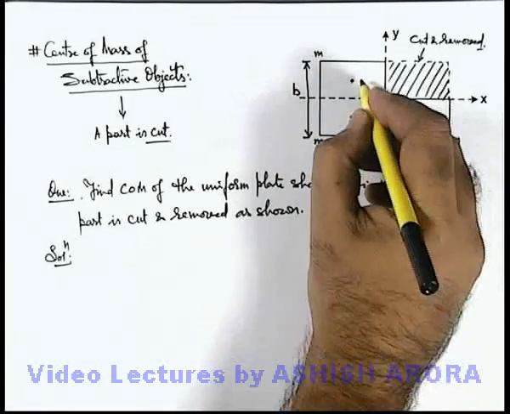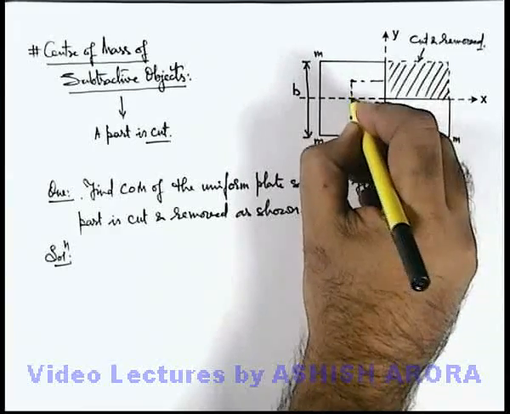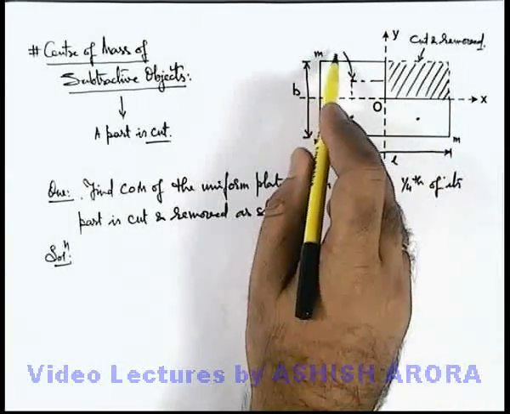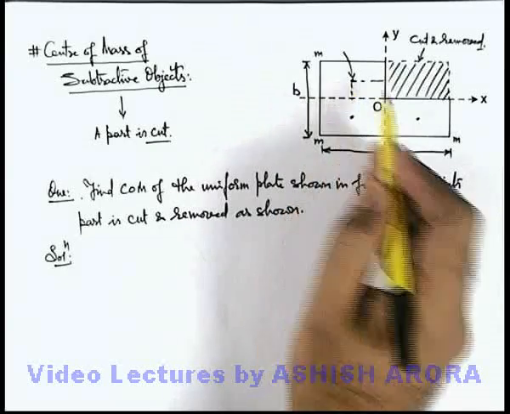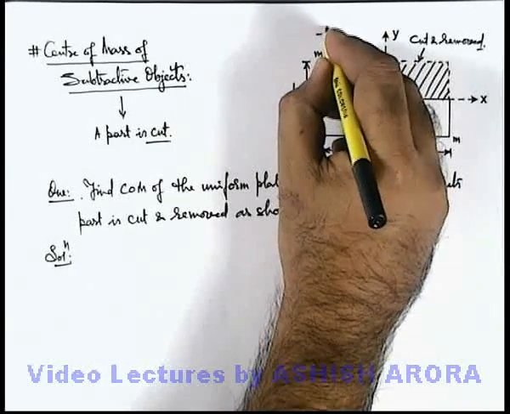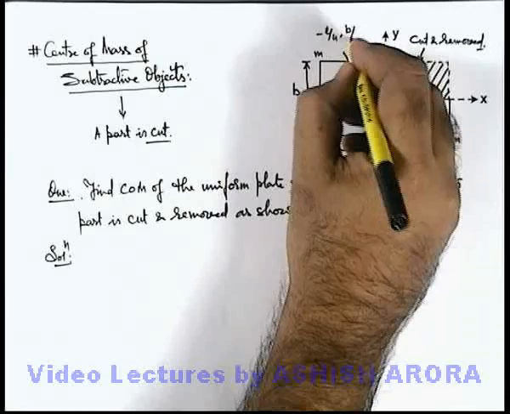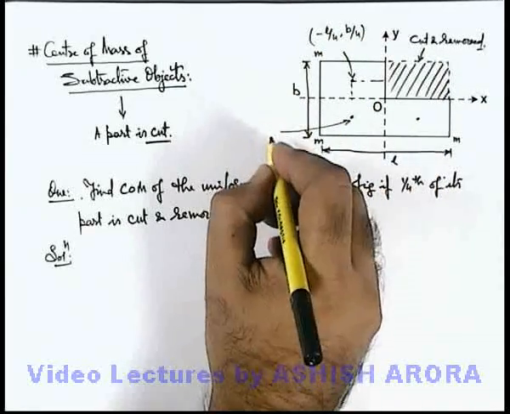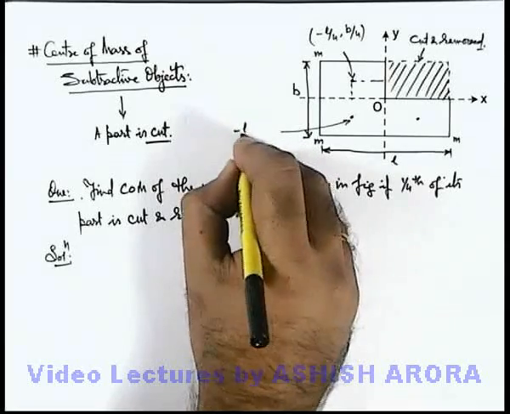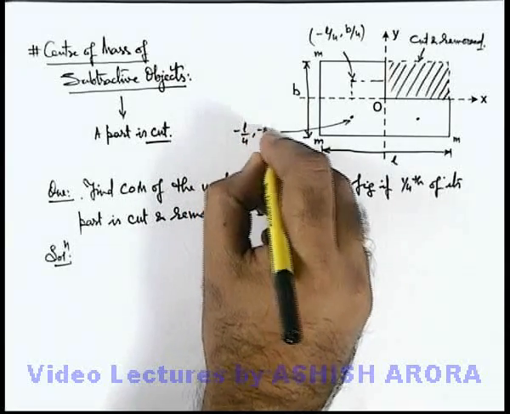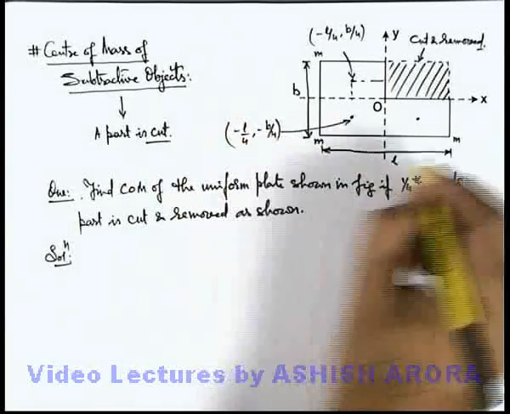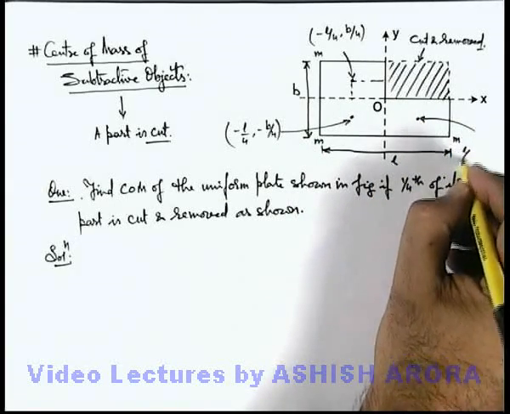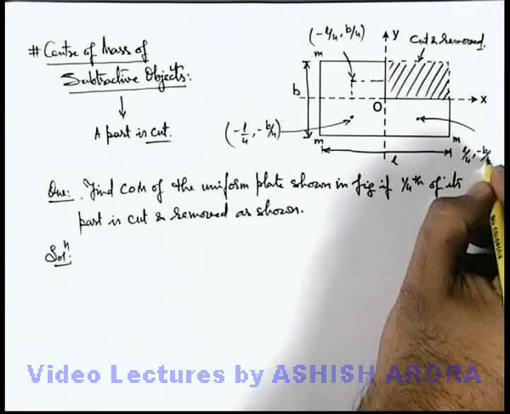So if we just find out the position coordinates of the center of mass of individual parts, then for this part we can write its center of mass will be minus L by 4 and B by 4. For this section we can see its center of mass will be located at minus L by 4 minus B by 4, and for this section it will be L by 4 and minus B by 4.